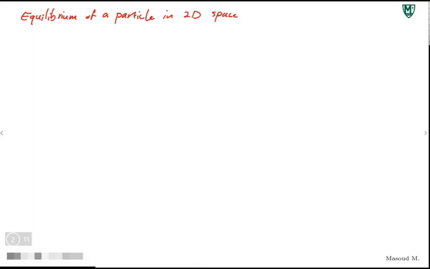Now, remember I said when we want to study objects in this course, the name says it all, it's statics, right? Everything is in a static equilibrium.